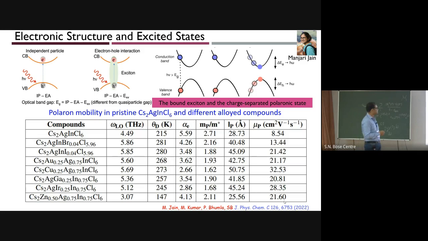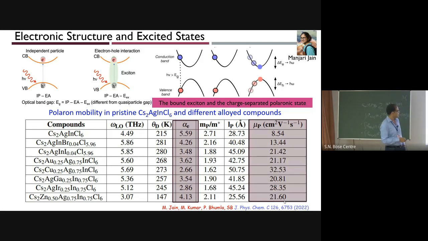So anyway, for this set of double perovskites, if we calculate these electron-phonon interactions, the point is that this coupling is pretty high. And as a matter of fact, if you compute the polaron mobility, that's also pretty low. So that's why this material may be good for optoelectronic applications, but not very good for solar, because the polaron mobility should be pretty high.